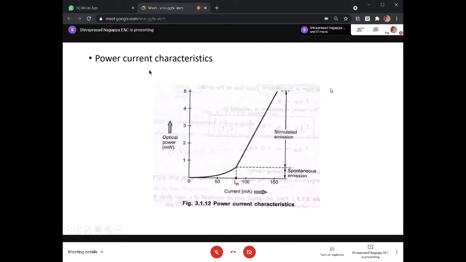Next comes your power current. Suppose we plot current versus optical power.